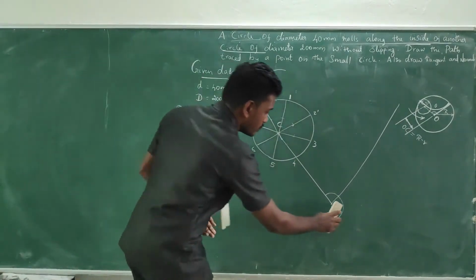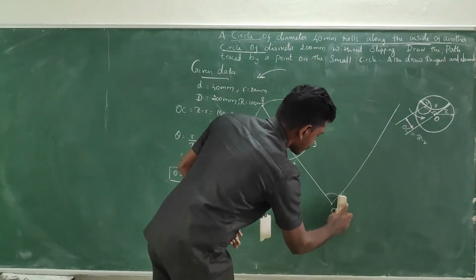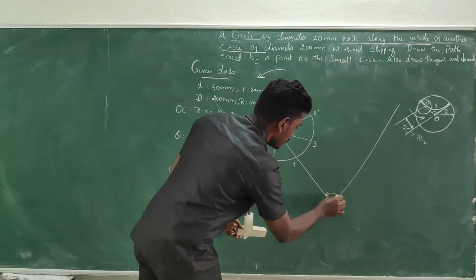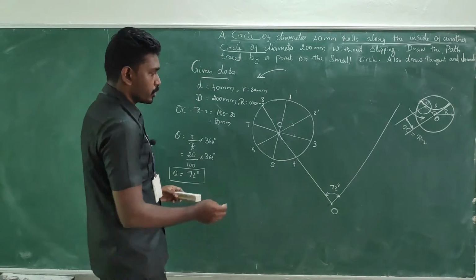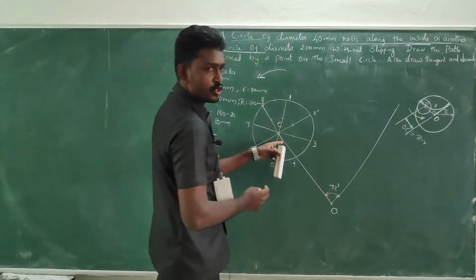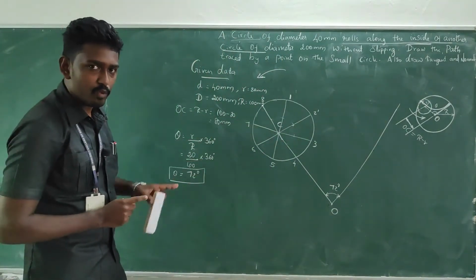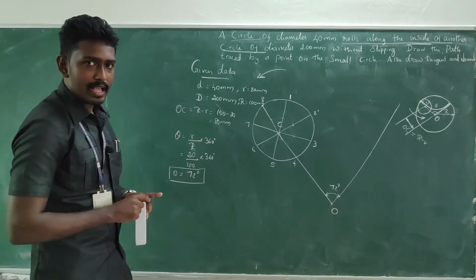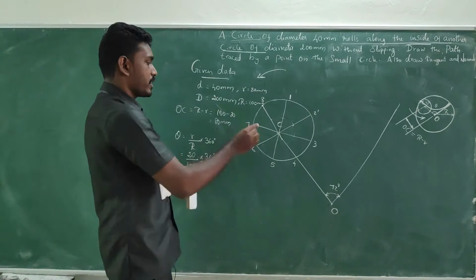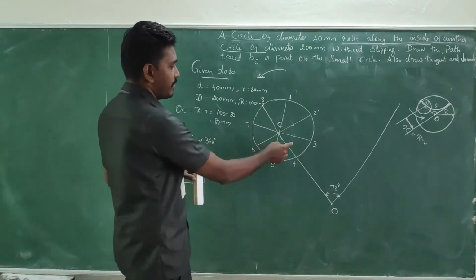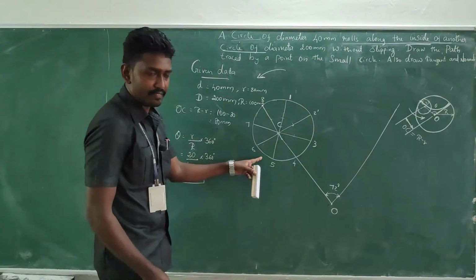Afterwards we will see how to divide this portion into 8 equal parts. Before that we have work, afterwards we can do the divisions. Before that we have to take the line from each and every point on the circumference.